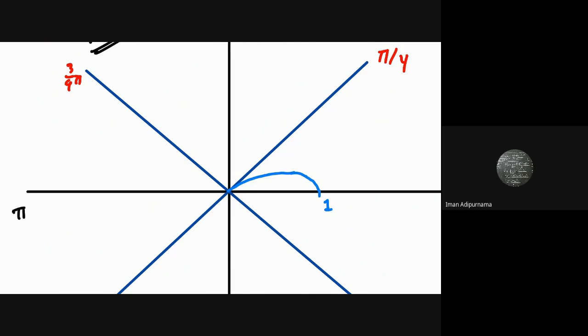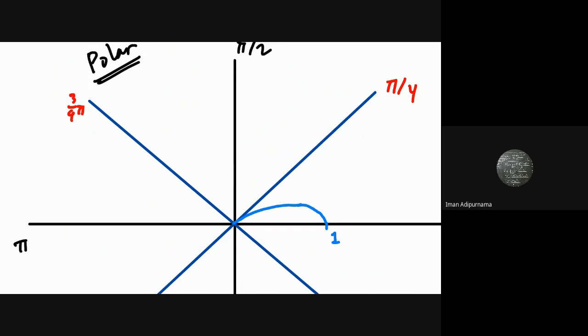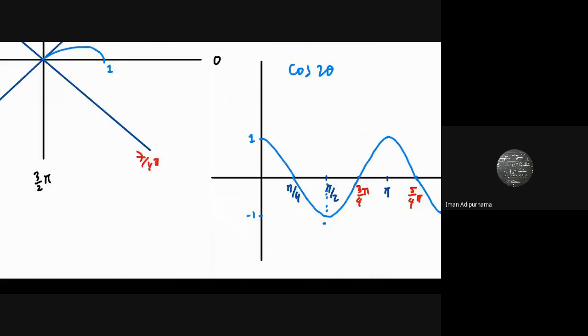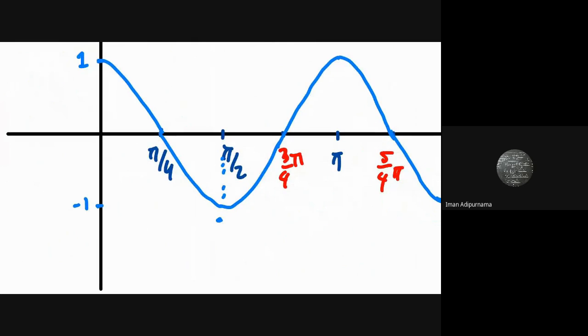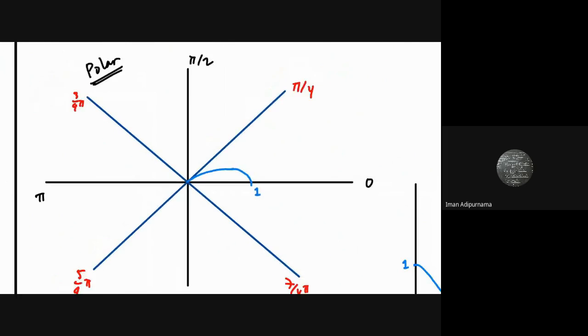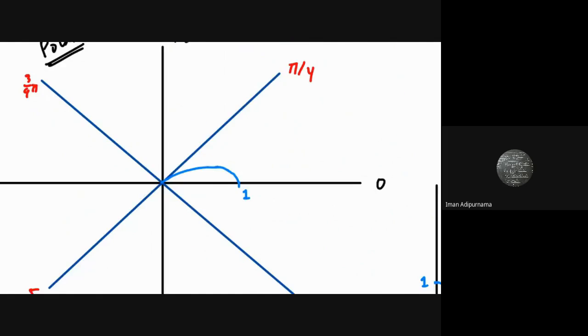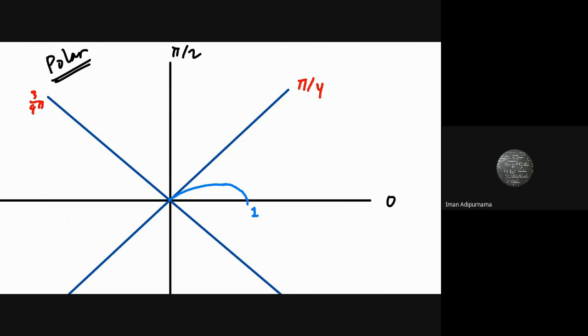In between these two, because this 3 over 4 pi is 0, and pi over 2 is negative. So what will happen, because at pi over 2 it's negative, when pi over 4 is 0?